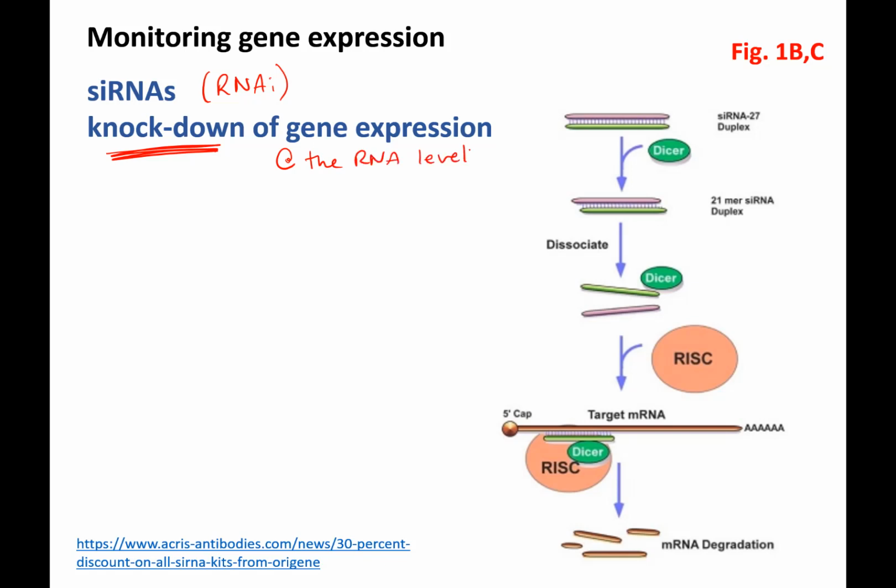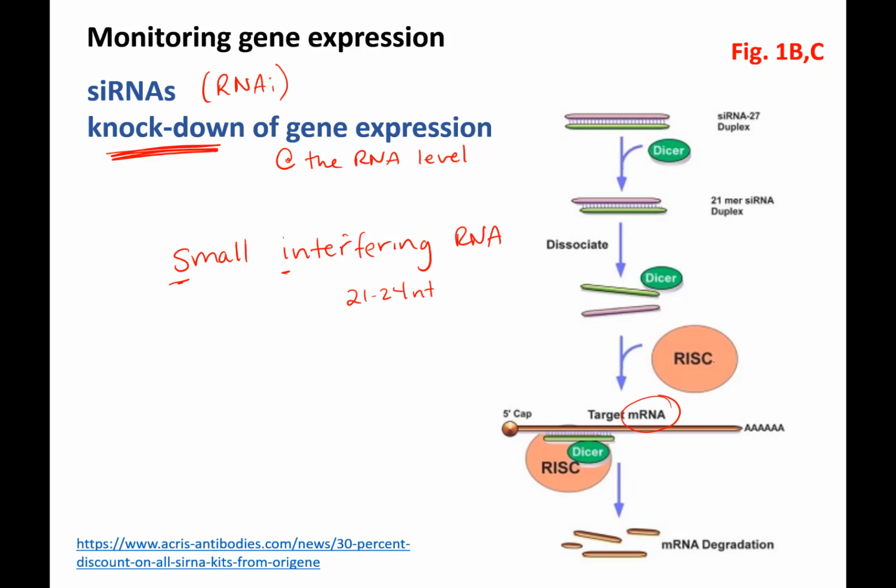So what's happening is you get these small interfering RNA, siRNA. And these are small, like 21 to 24 nucleotide, single strands of RNA that are going to bind your messenger RNA.